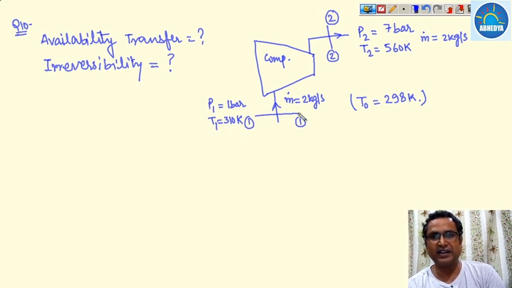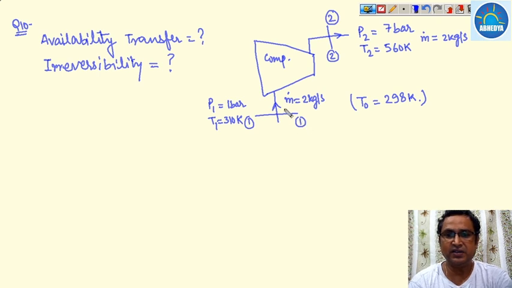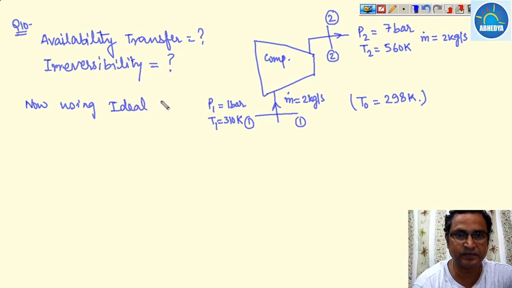So at the inlet condition as well as the outlet condition, we can find the volume flow rate of air easily by using the ideal gas equation PV is equal to mRT, at inlet and outlet.